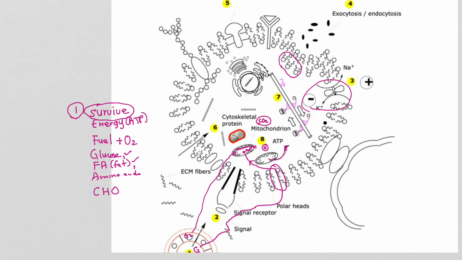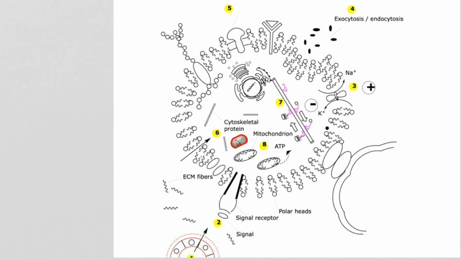All cells need to survive, therefore all cells need to continuously make energy. So survival is the first thing cells need to do, and that is they need to make sufficient energy so that they can carry out their necessary activities to survive.